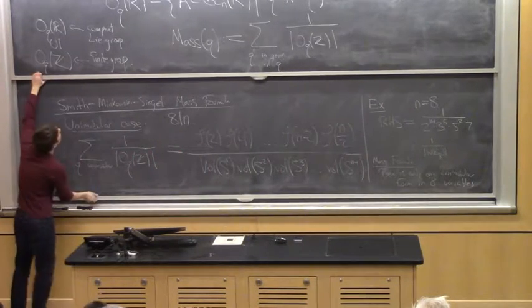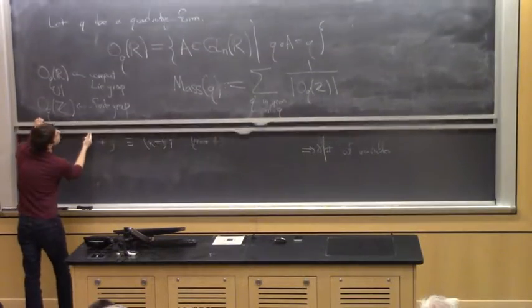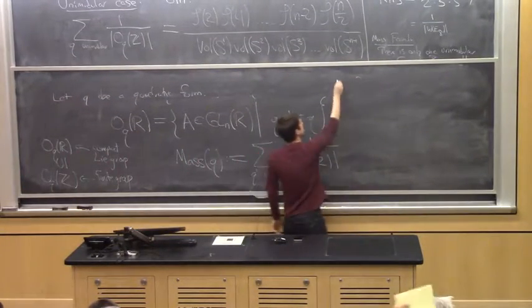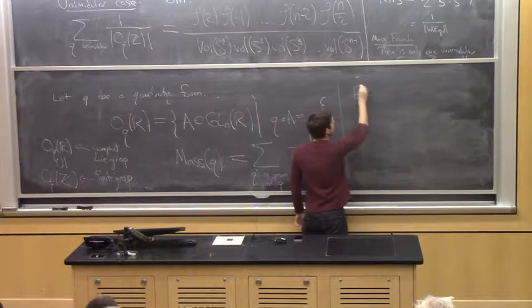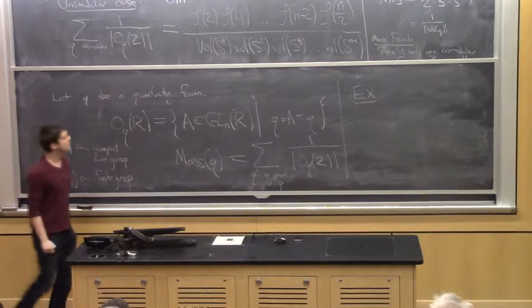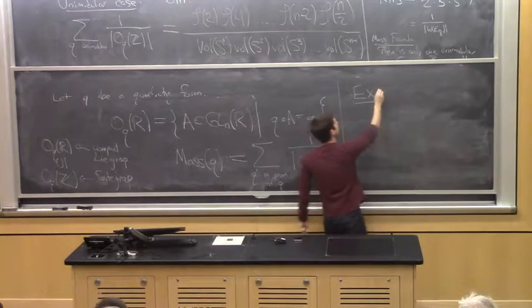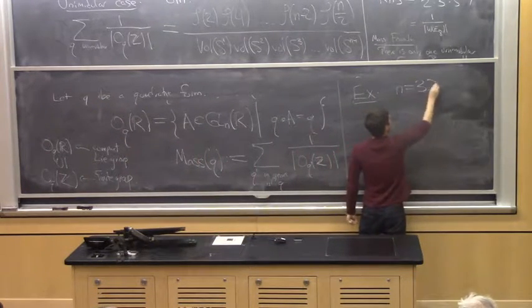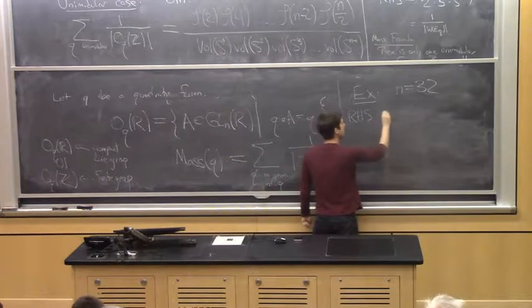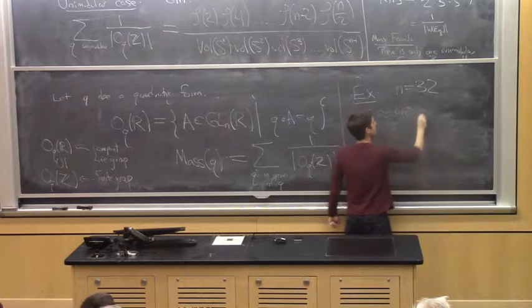This example is potentially misleading because it might lead you to think that the equality that's taking place in the mass formula is an equality between quantities which are small. But another example worth thinking about is when n is equal to 32, and in that case, the right-hand side is approximately 40 million.